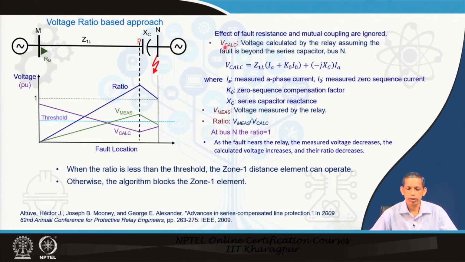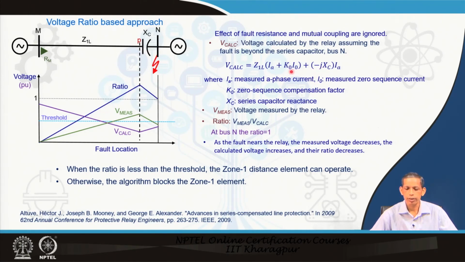So what is being done is that in this case the V calculation will be done. V calculated is computed by assuming the fault is beyond the capacitor, with no RF and no mutual coupling in the line considered. So V calculated is Z1L (I plus K0 I0) for the phase to ground fault as usual, minus jXC into IA.